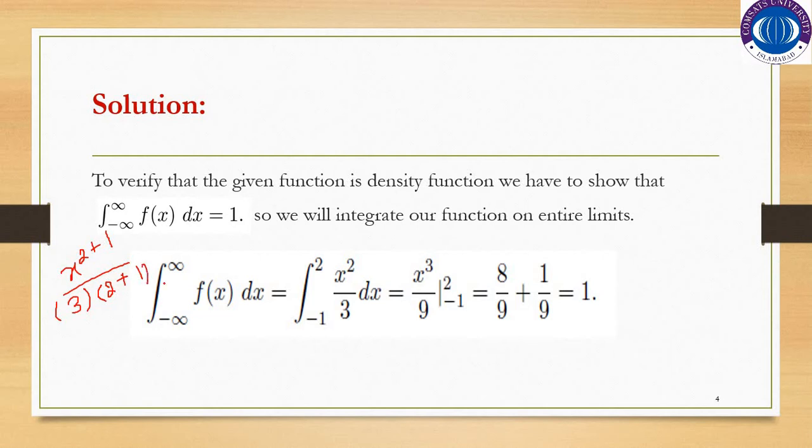This is the way we integrate the function x squared by 3 with the complete range -1 to 2. This 2 plus 1 is 3, 3 into 3 is 9, 1 over 9.